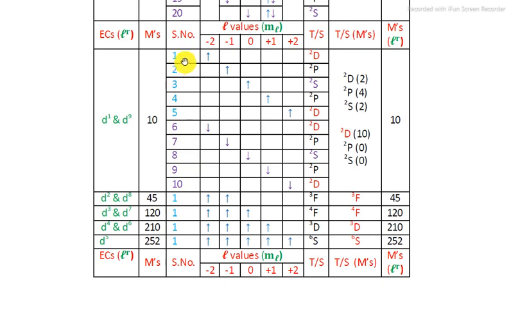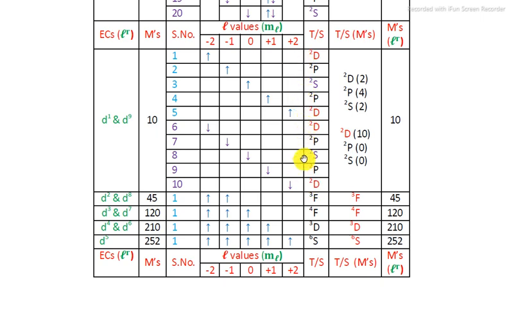For the microstates 1 to 5, in each case the single electron with the positive spin is in the first orbital, second orbital, middle orbital, last but one, last orbital. Reverse of these 1 to 5 are microstates 6 to 10. In all these 10 microstates, the number of unpaired electrons is 1, total spin multiplicity is 2.